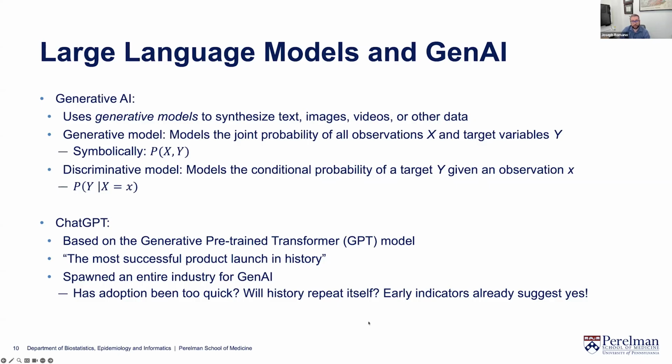It's based on this machine learning AI model called the generative pre-trained transformer. So that's what GPT means. And it's arguably the most successful product launch in history. All of us are seeing it and its successors impact all of our areas of research. It spawned an entire industry that makes generative AI this massive powerhouse that we're seeing.